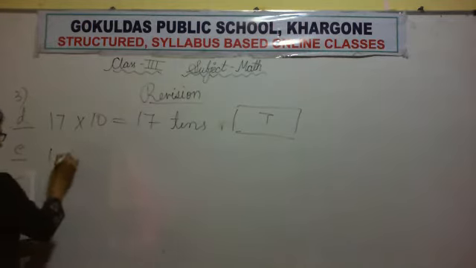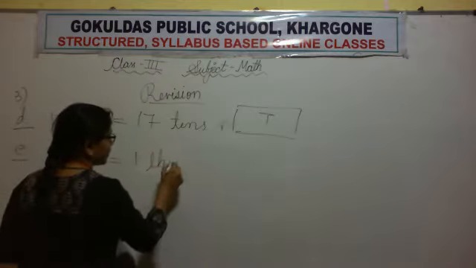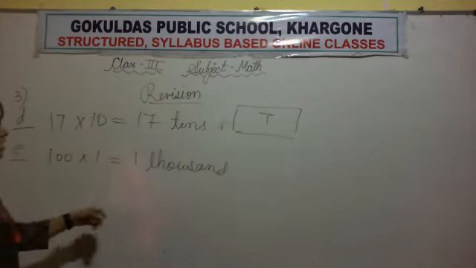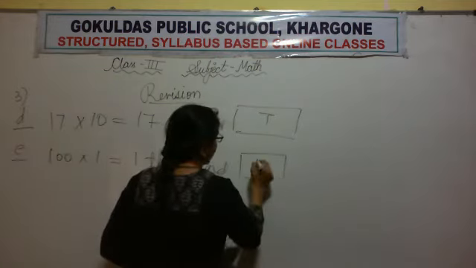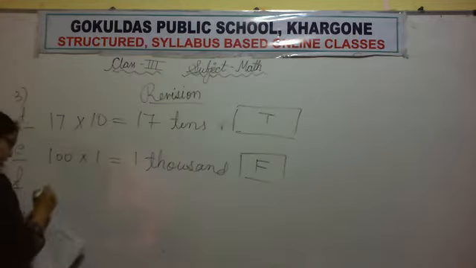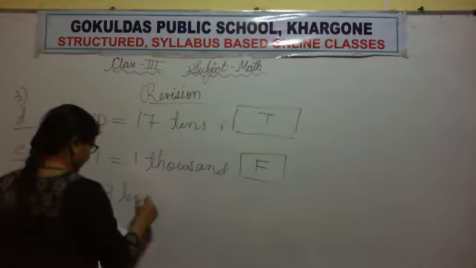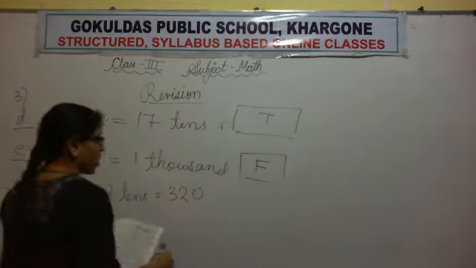The next one, E, is 100 into 1 is equal to 1000. Can 100 be equal to 1000? No. So without even solving we can write F for this statement. And the last one of the same question is 16 into 8 tens is equal to 320.